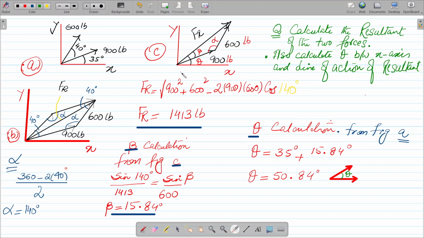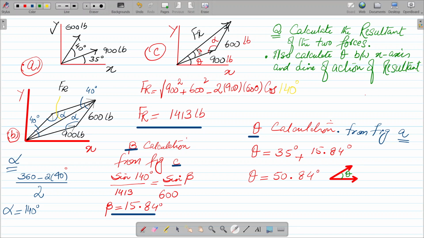Again, this alpha is over here, and we know that the resultant FR is making an angle theta, which we do not know. Here we assume that the resultant is making an angle beta with the 900 pound force, which is this one. Alpha is calculated. We are interested in calculating beta, but before that we must calculate FR.